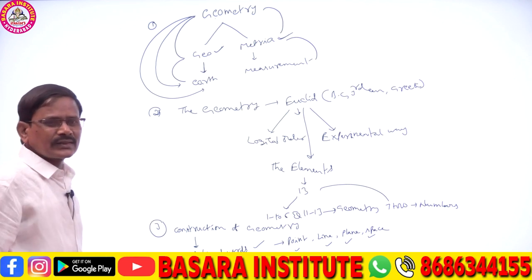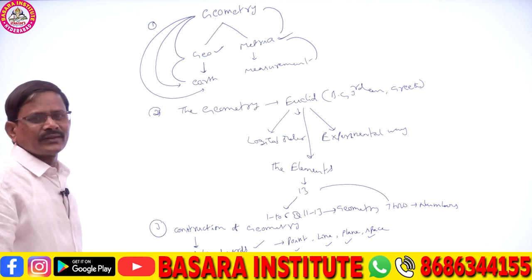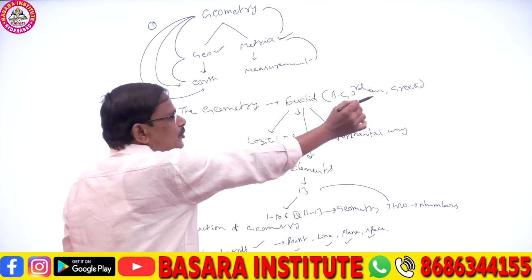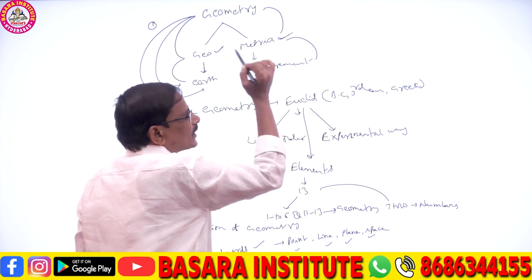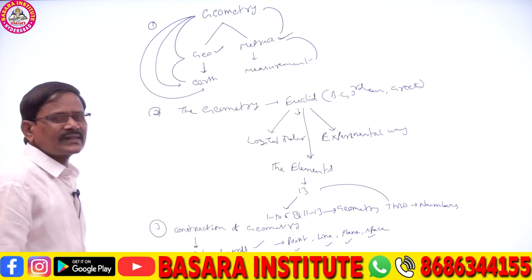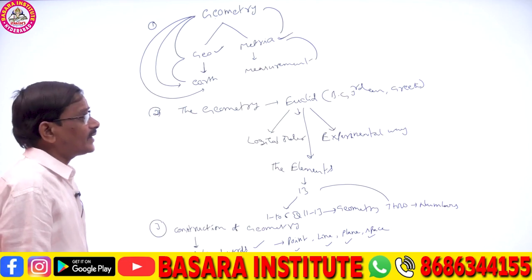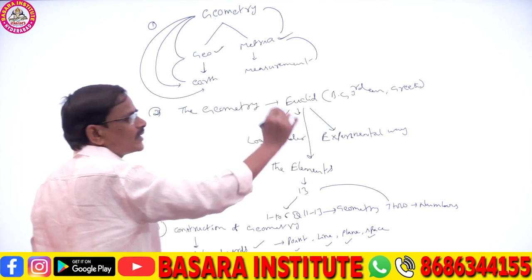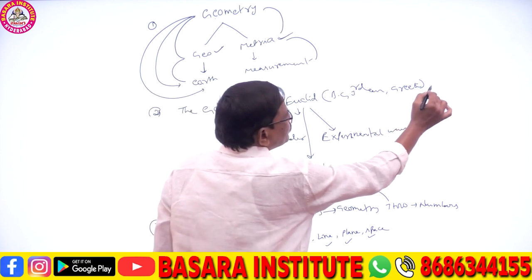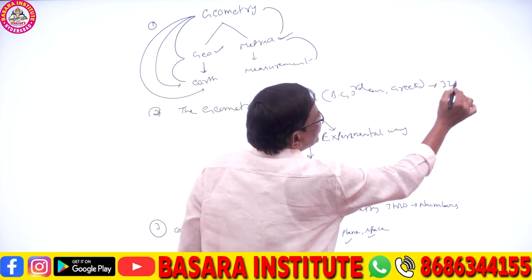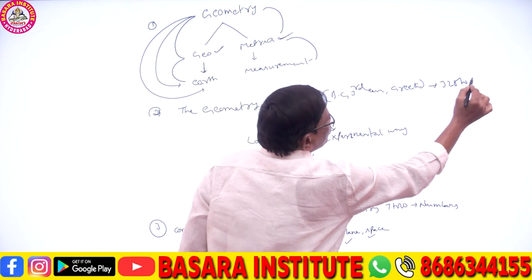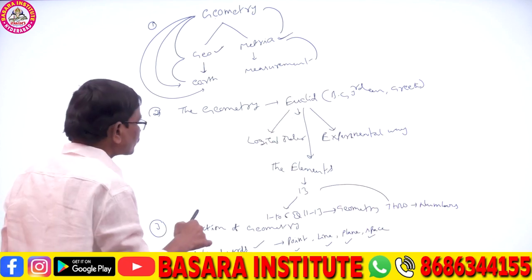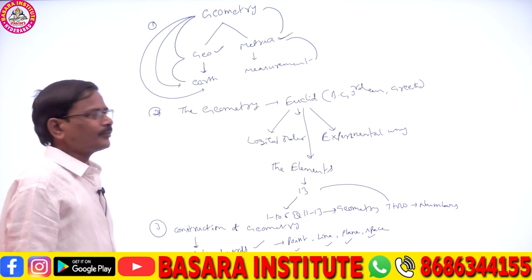Now the second one: who is the father of geometry? He is Euclid. He is a Greek scientist born in the 3rd century before Christ, exactly 325 to 265. So the father of geometry is Euclid.